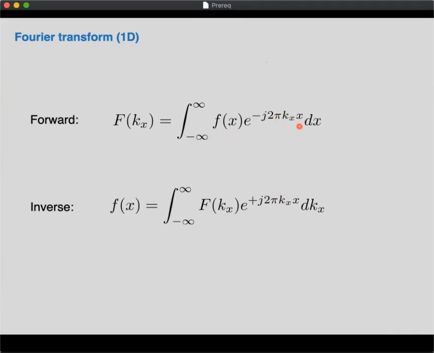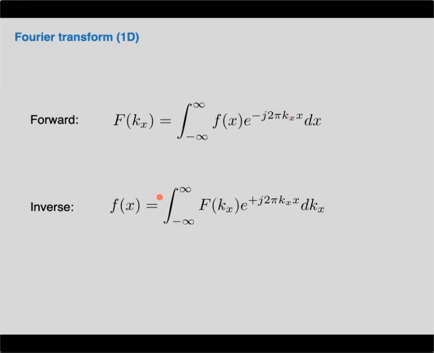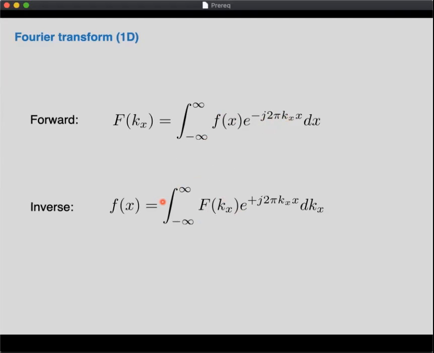We'll talk about the units in a second. The nice thing about using 2 pi kx is that the forward and inverse Fourier transforms are symmetric. They look the same. If you wanted to use omegas, then the inverse and forward are not going to be the same. There needs to be some scaling operation, I think 1 over 2 pi or something like that. So I think that's what's nice about this, and it's also very easy to think in terms of these units of k, and I'll get to that.